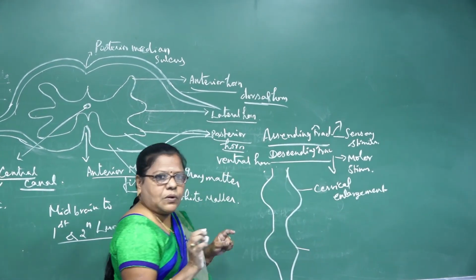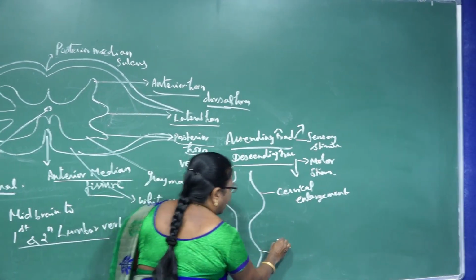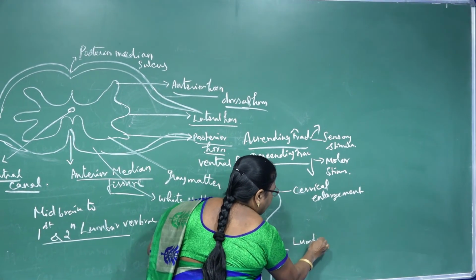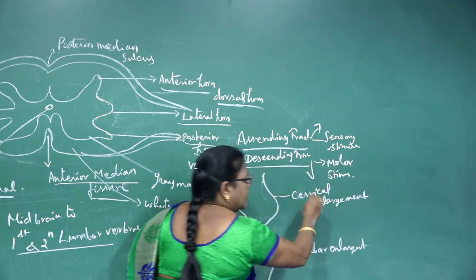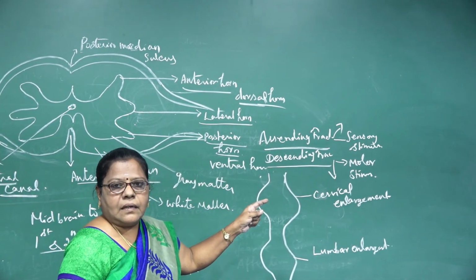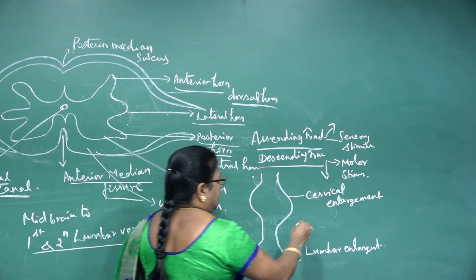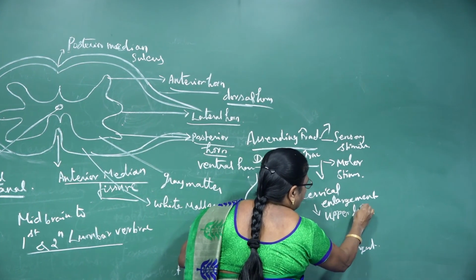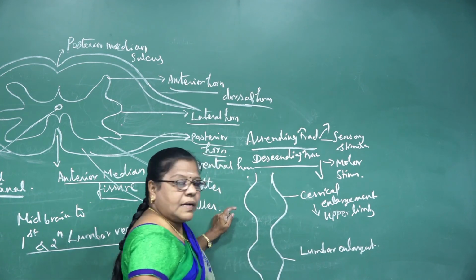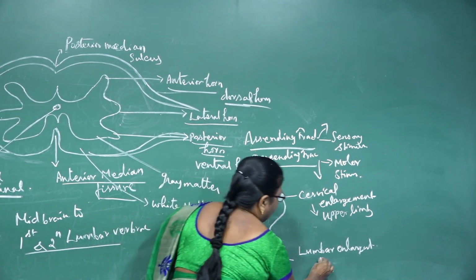The hip region enlargement is called the lumbar enlargement. The cervical enlargement regulates the upper limbs. The lumbar enlargement regulates the lower limbs.